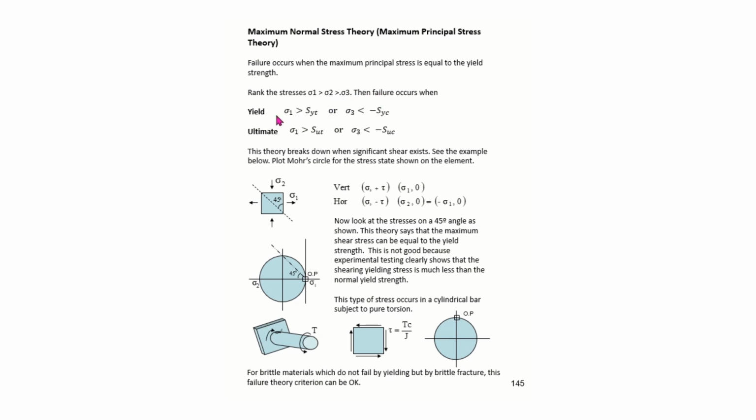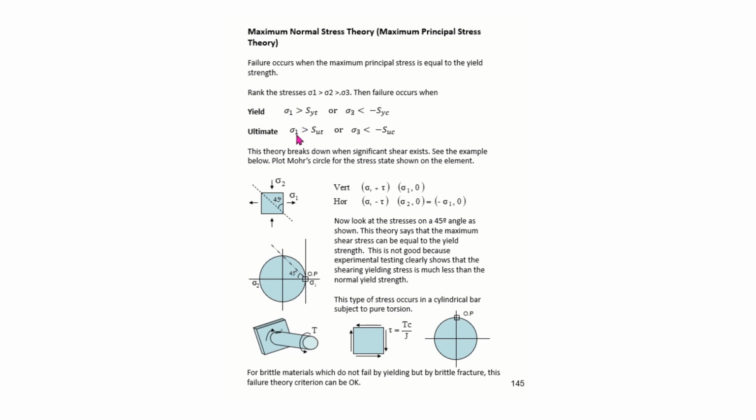Then failure occurs when sigma 1 is greater than SYT, or sigma 3 is less than negative SYC. So if our leftmost principal stress is greater in magnitude than our compressive yield strength, then we are considered to have failed. And if our rightmost principal stress is greater than our yield strength, we're considered to have failed.